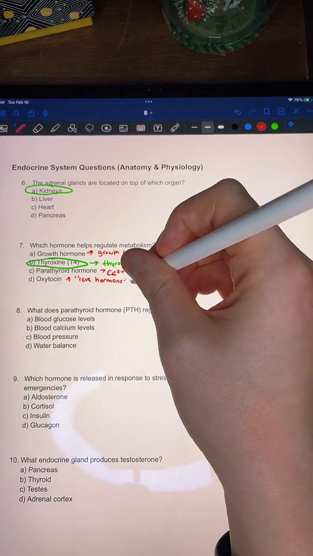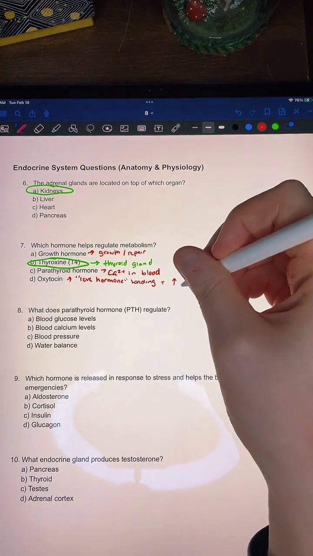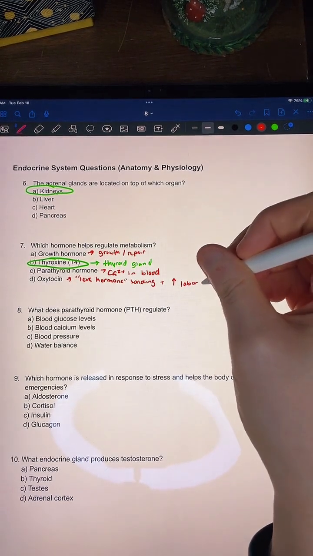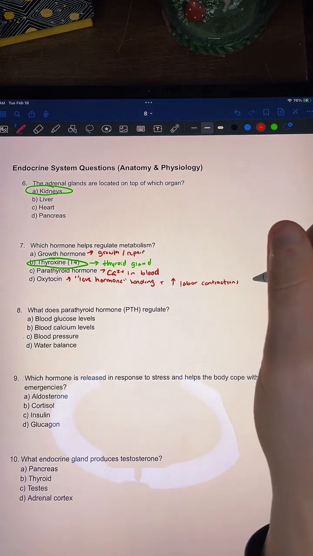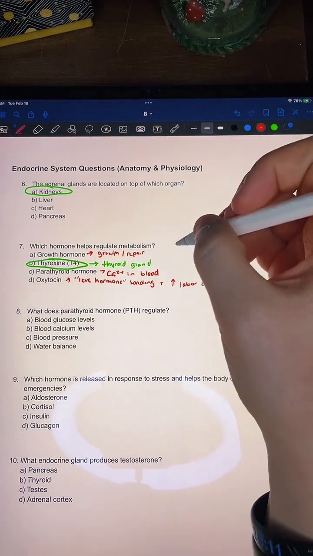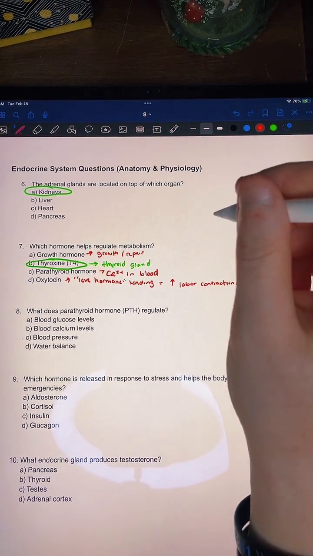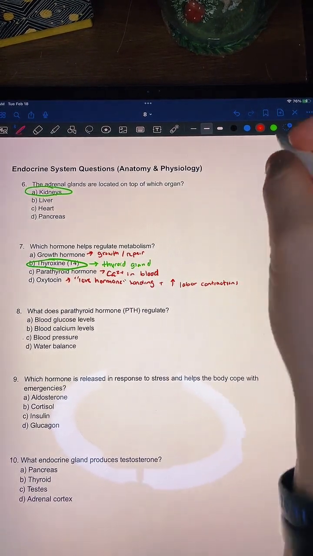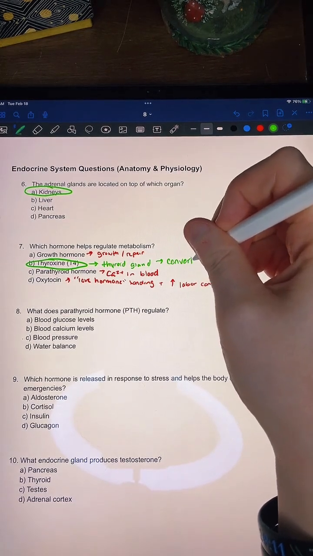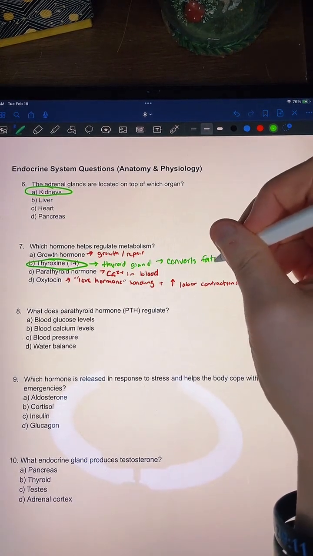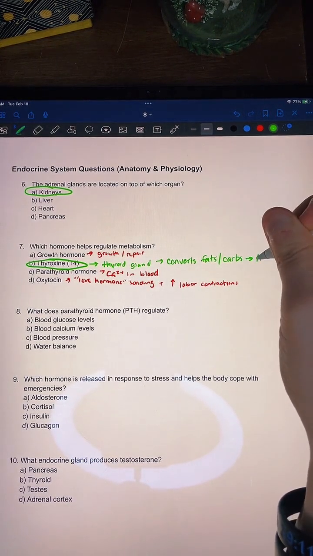It's your bonding hormone, or it increases during labor contractions, so not metabolism. But essentially what T4 does is it's responsible for helping the body convert fat and carbs to energy, into ATP.